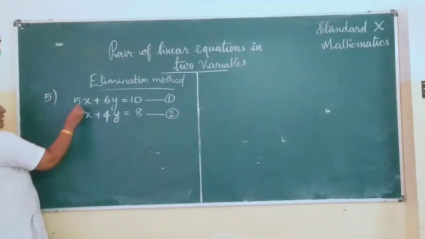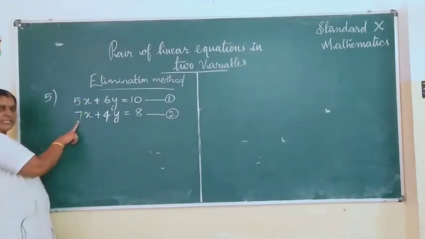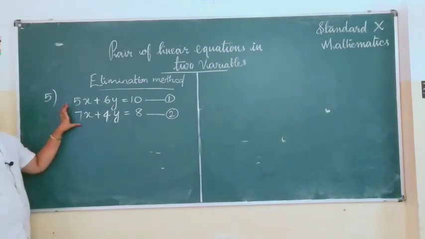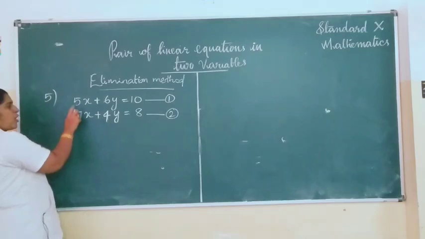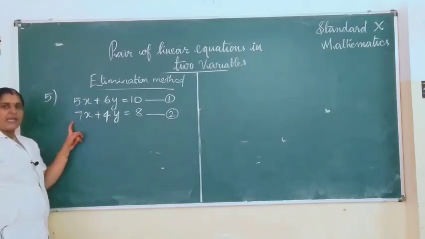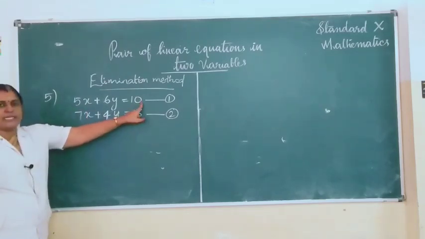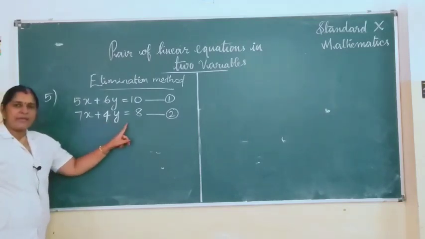So here, if you consider the coefficients of x, it is 5 and 7. To make the coefficients of x equal, we want to find the common multiple of 5 and 7. What is the common multiple of 5 and 7? 5 into 7, 35. So the first equation you need to multiply by 7 throughout and the second equation by 5.